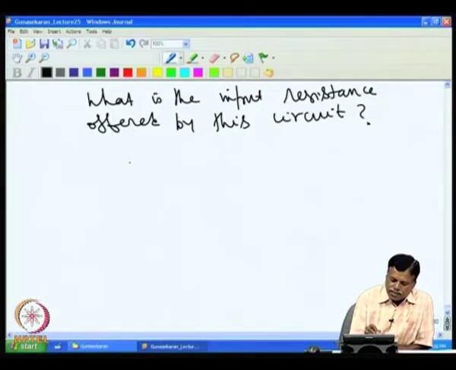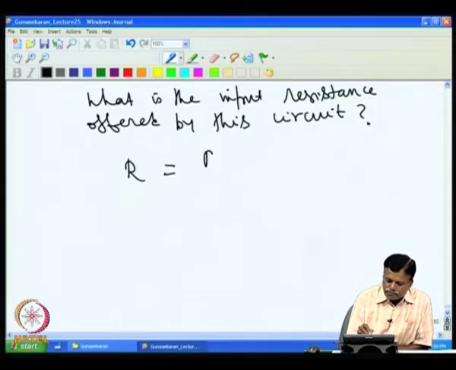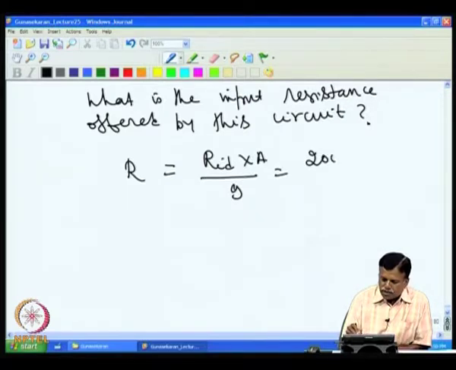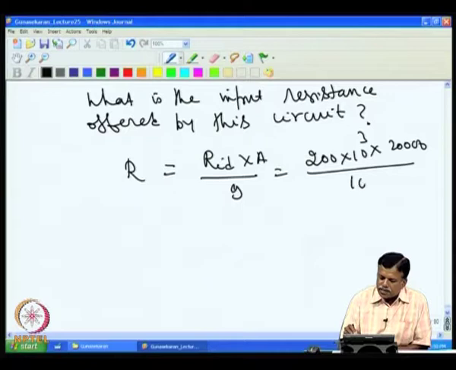If I calculate that, R will be RID into A by G. That comes to 200K, A is 20,000 and G in this case is 10.